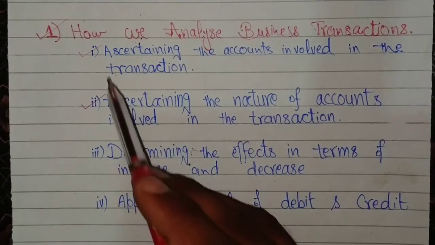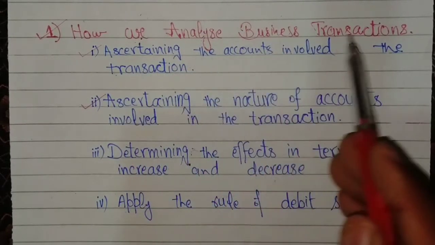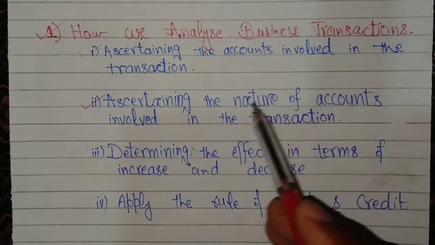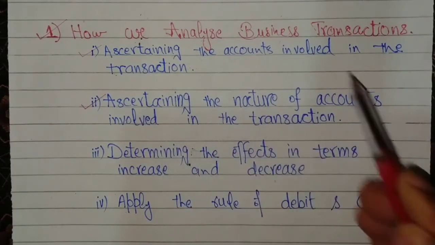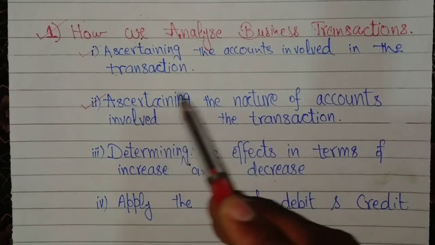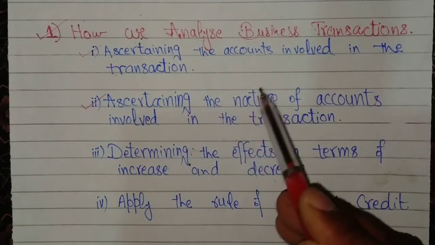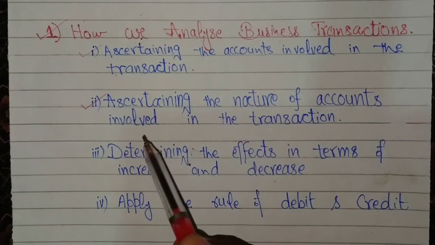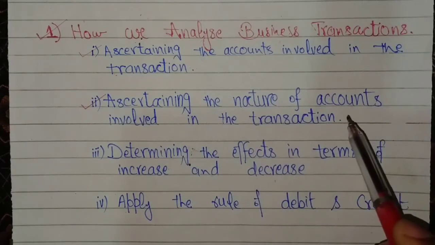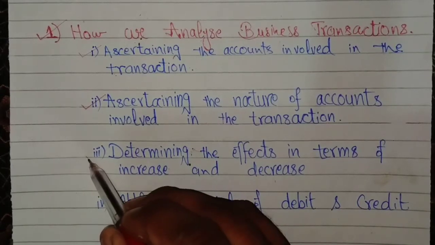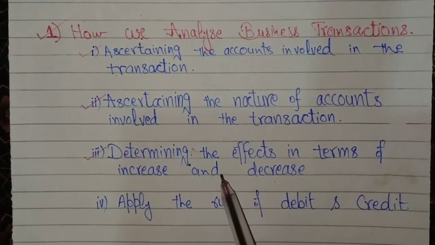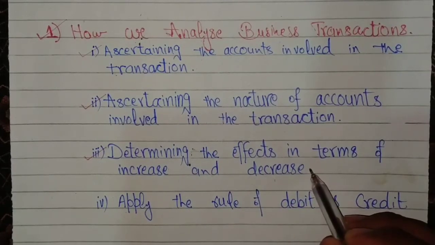Welcome back to how we analyze business transactions. After understanding both concepts regarding ascertaining of accounts as well as ascertaining the nature of accounts, now we are going toward the third point, determining the effects in terms of increase and decrease.